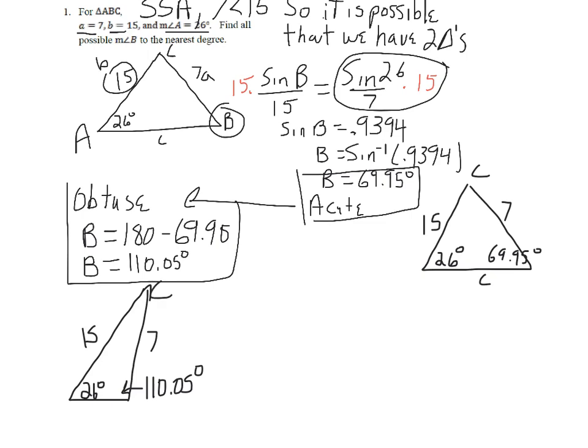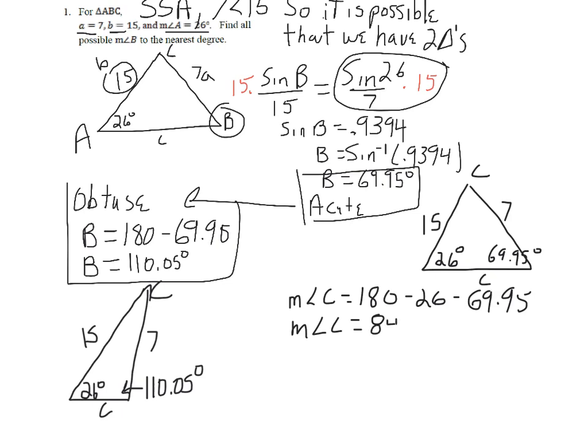I need to find angle C and side C. Let's do this side first. Since I'm looking for this third angle, the measure of angle C has to equal 180 minus 26 minus 69.95. And so the measure of angle C equals 84.05 degrees.